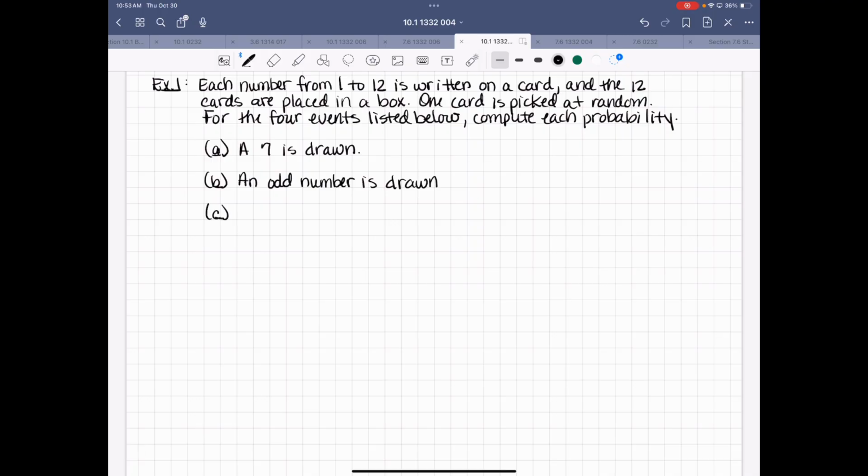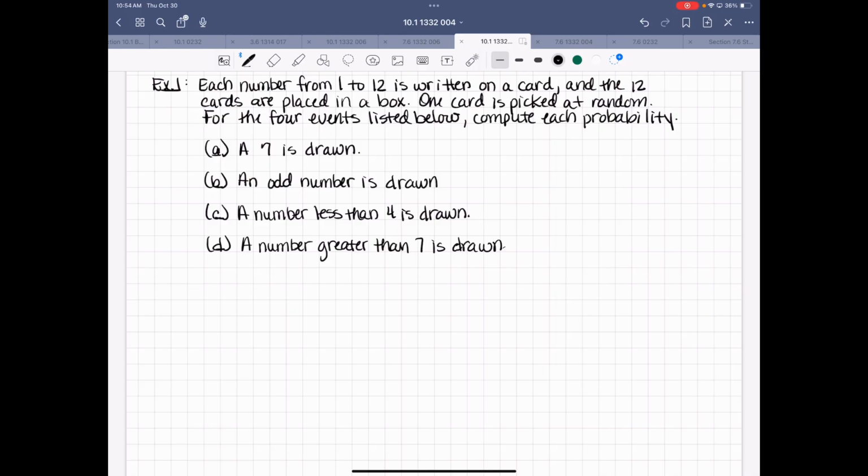C, a number less than 4 is drawn. And D, a number greater than 7 is drawn. Okay?